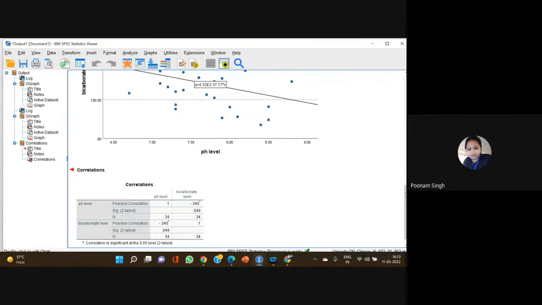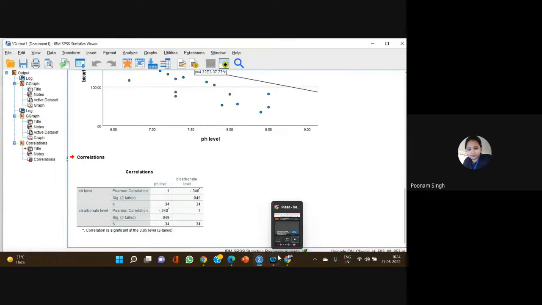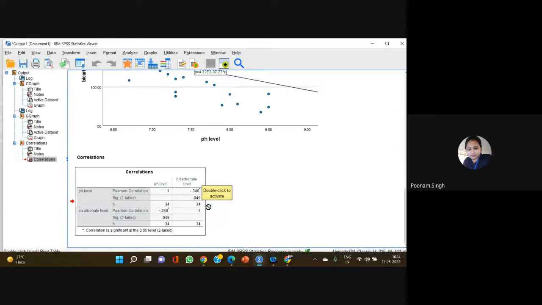This is the result window we are getting. This is showing the correlation table, a type of matrix, showing the correlation coefficient of every combination. Since we have taken two variables, it is showing the correlation coefficient between two variables only. For pH level and pH level, obviously the correlation will be 1. For pH level and bicarbonate level, the correlation coefficient is minus 0.340.